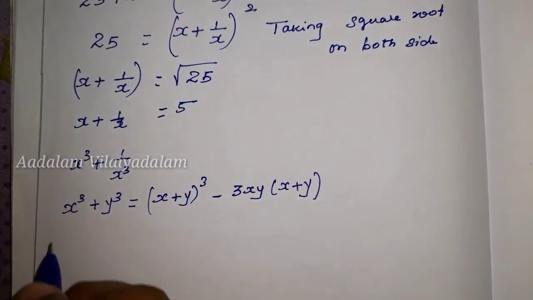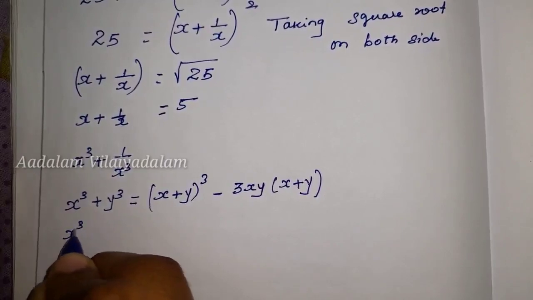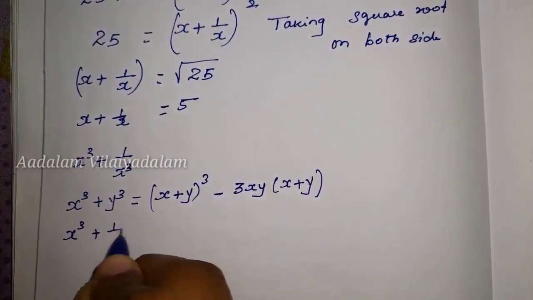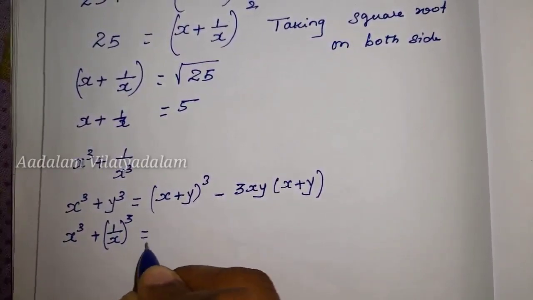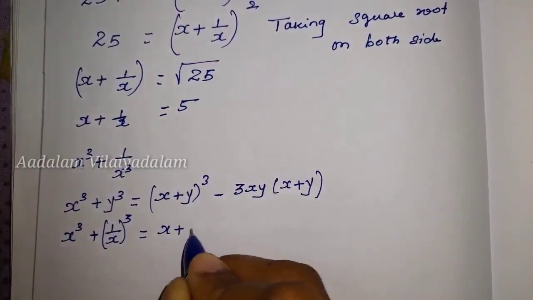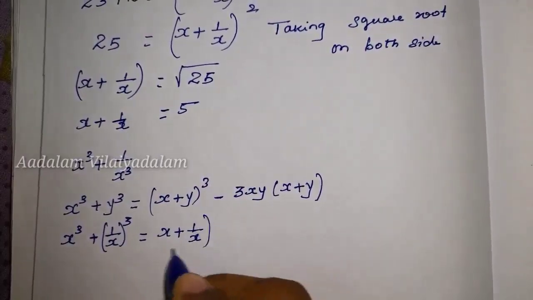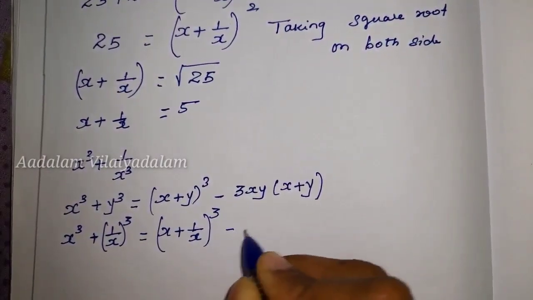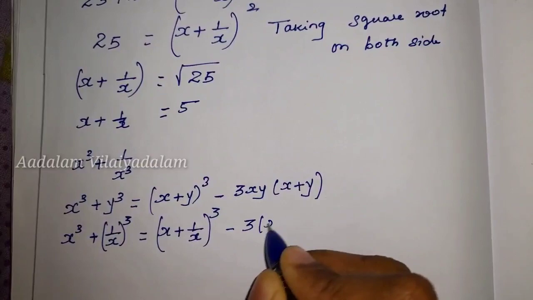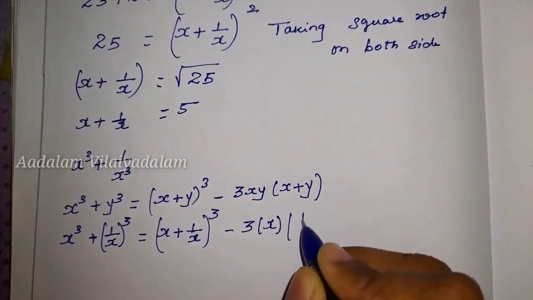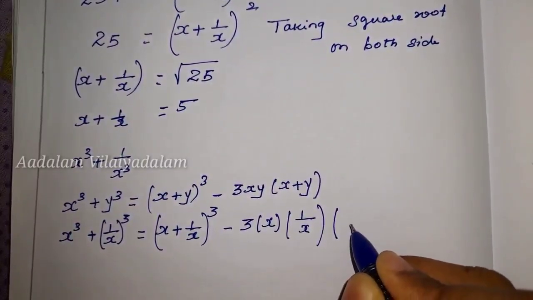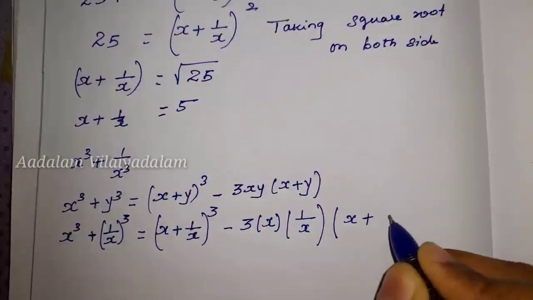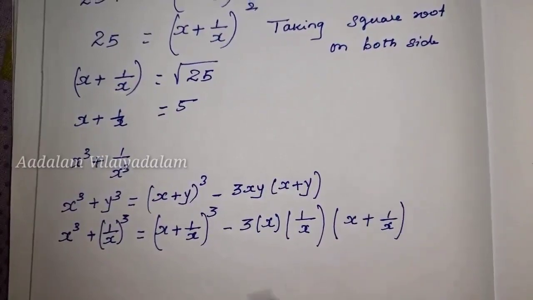Here the x value is same x only, x cube. Here the y value is 1 by x. 1 by x the whole cube is equal to x plus 1 by x the whole cube minus 3 into the x value is x, y equal to 1 by x. So x plus y, here the x value is same, y equal to 1 by x.